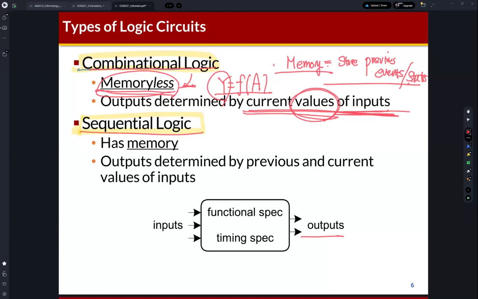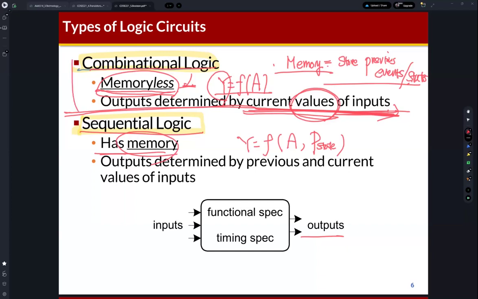Then what is sequential logic? Sequential logic has memory. What does that mean? The output of sequential logic is determined by the input and the previous state. This is the definition of sequential logic. Firstly, we will learn about combinational logic in this course, and then we will learn about sequential logic.